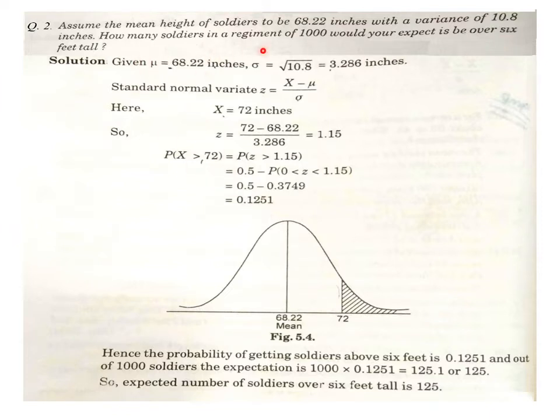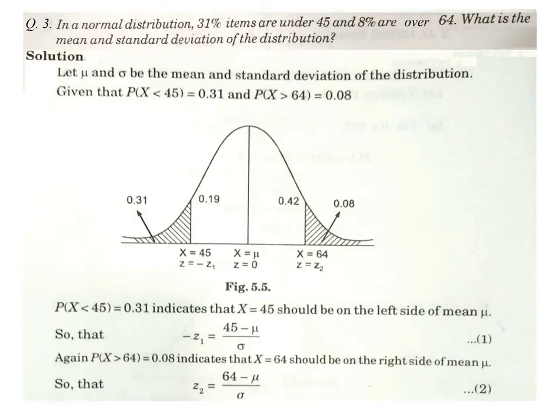And what we need is the expected number of soldiers out of 1000. So the final result is 1000 into 0.1251, that is 125.1, but the number of soldiers can't be 125.1, so it is approximated as 125.